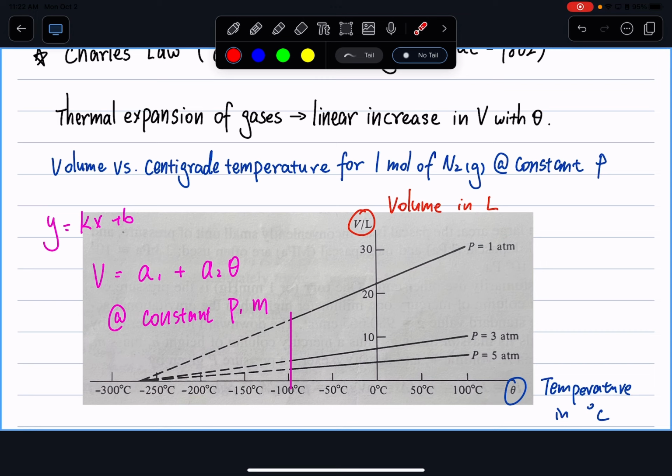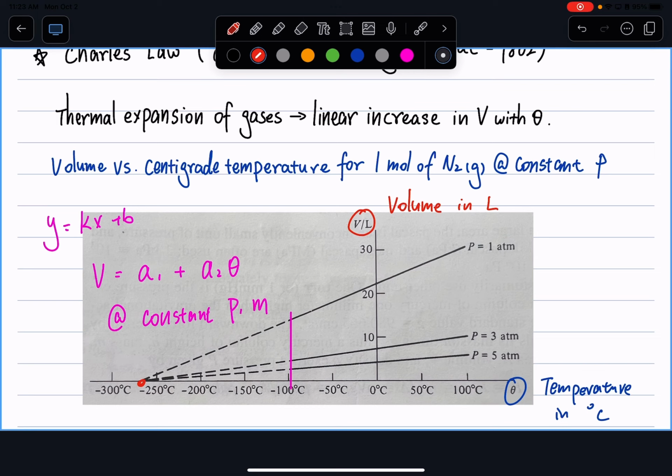And by doing so, we find these lines will eventually intersect our x-axis at about negative 273 degrees Celsius. At that point, we use it to define our absolute zero degree for our thermodynamic temperature scale.